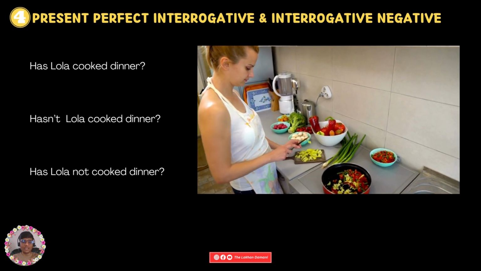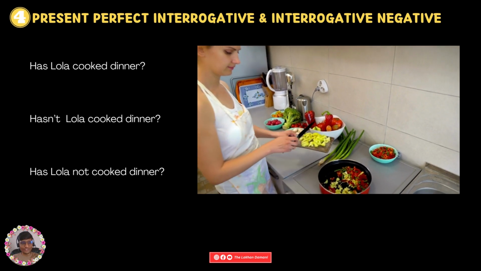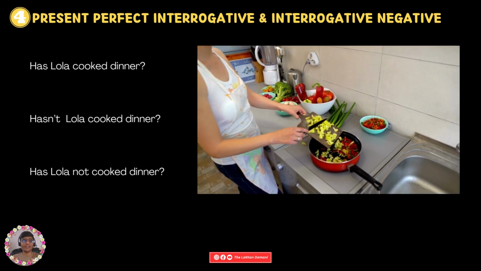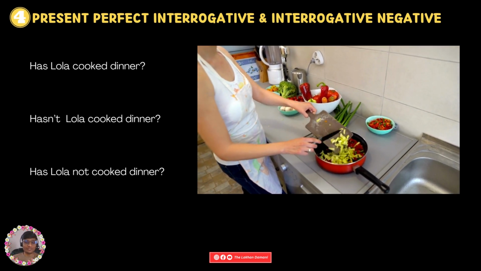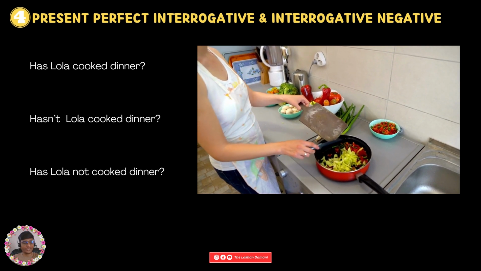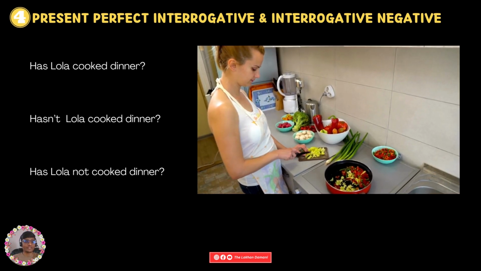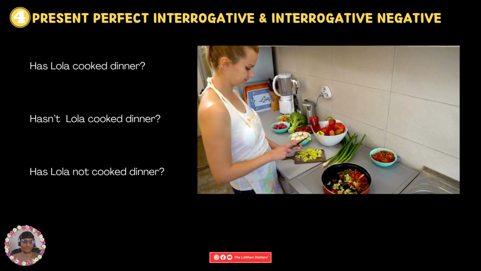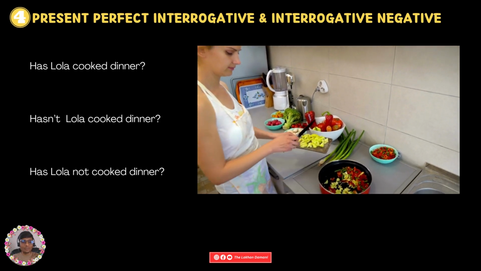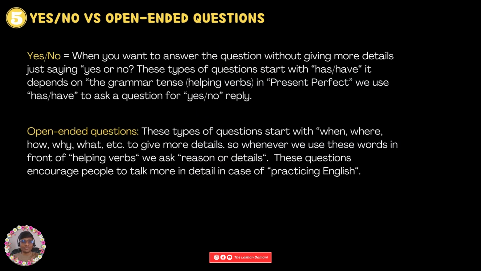Somebody asking. And second, hasn't Lola cooked dinner? So we are confirming whether she cooked it or not, right? And this is more formal, has Lola not cooked dinner? We already studied that.